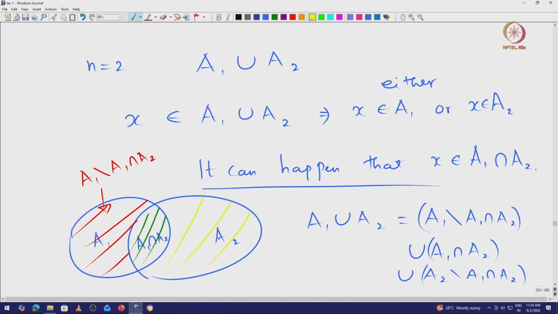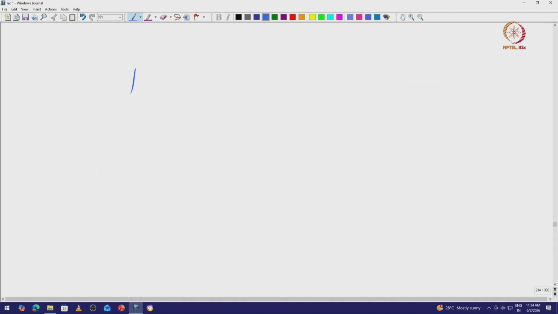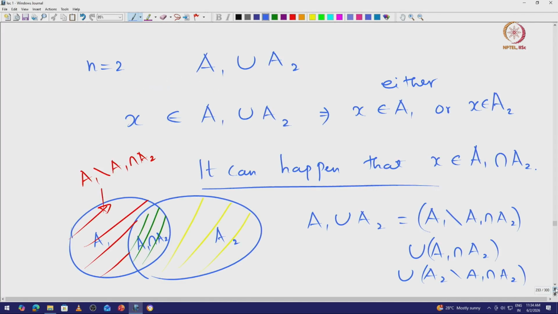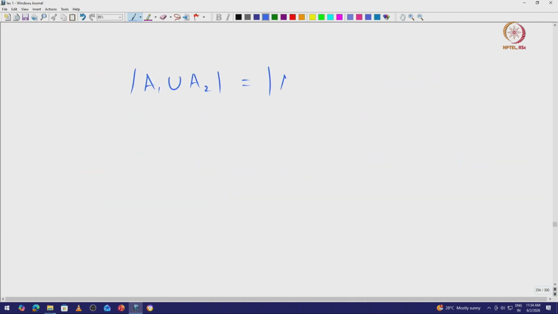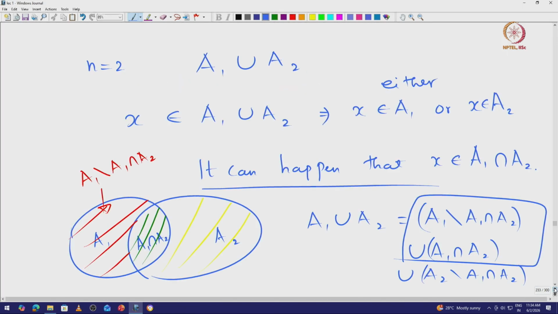So that means the cardinality of A1 union A2 is going to be the sum of these cardinalities, but then it is easy to see that this union is exactly the cardinality of A1 plus the cardinality of A2 minus the cardinality of A1 intersection A2.